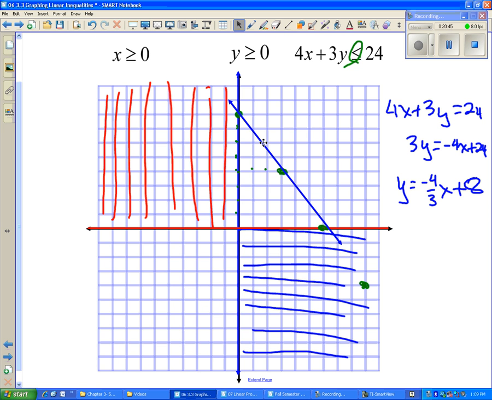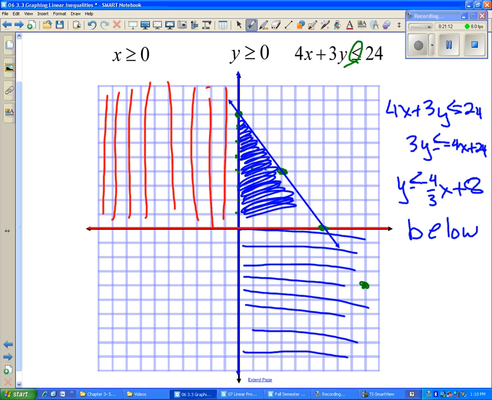Since I am just looking at quadrant 1, I actually don't have to go much past that. And now I have to decide, remember this was always less than, less than, less than. So I want what's less than or below this line. So the triply shaded region gives me this triangle.